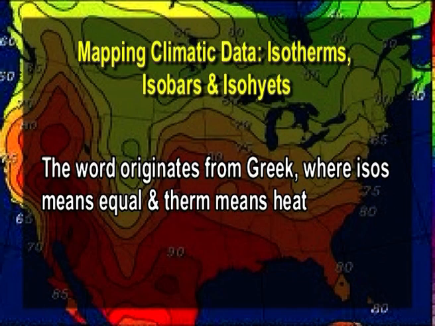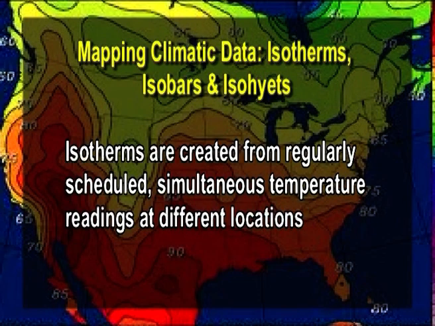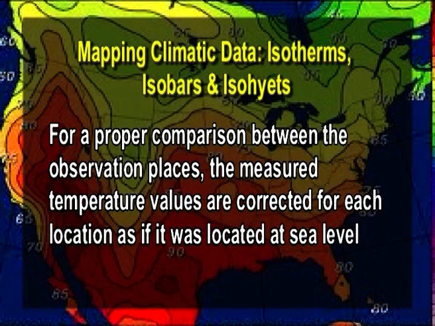The word originates from Greek, where isos means equal and therm means heat. Isotherms are created from regular scheduled simultaneous temperature readings at different locations. For a proper comparison between the observation places, the measured temperature values are corrected for each location as if it was located at sea level.